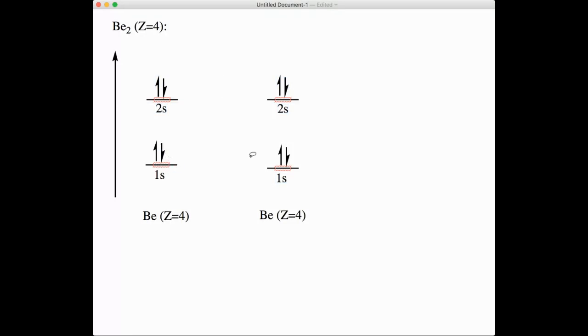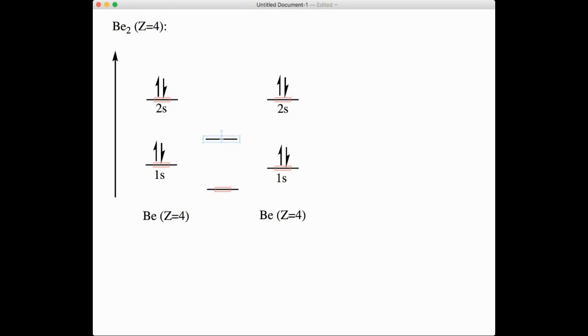If I linearly combine these two 1s orbitals, how many molecular orbitals should I expect? I should get two molecular orbitals. One is going to be sigma bonding and one sigma anti-bonding, which we just did.